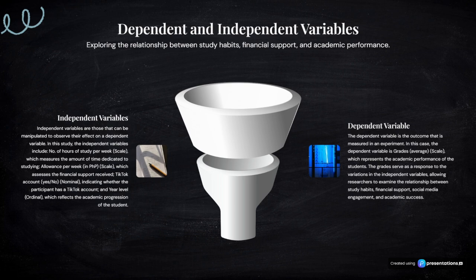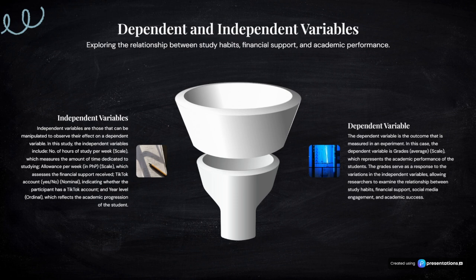In this study, the independent variables include number of hours of student study per week, which measures the amount of time dedicated to studying. Next is allowance per week, which is depicted in Philippine peso or PHP, which assesses the financial support received.